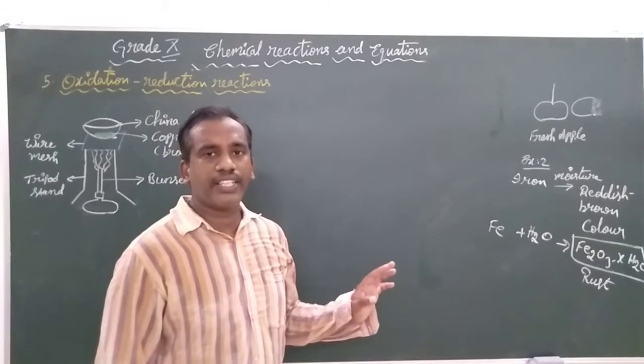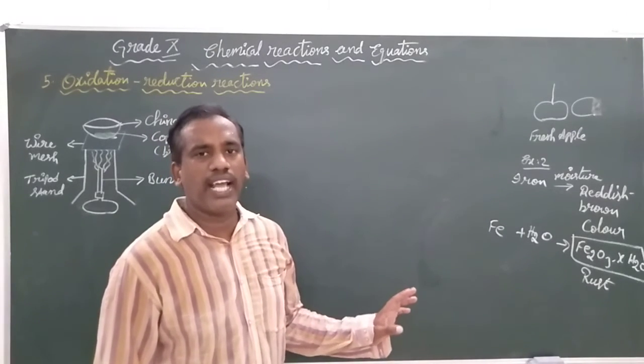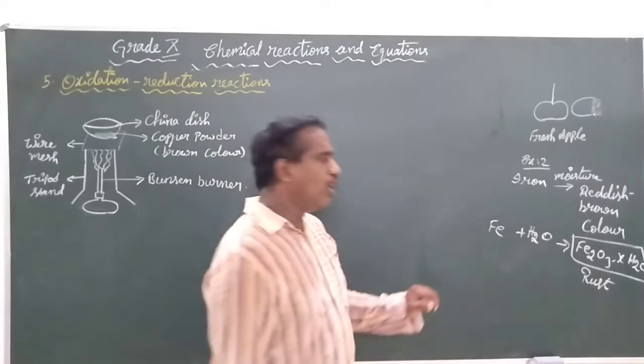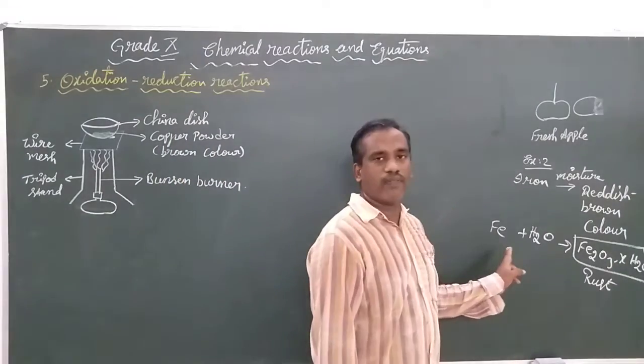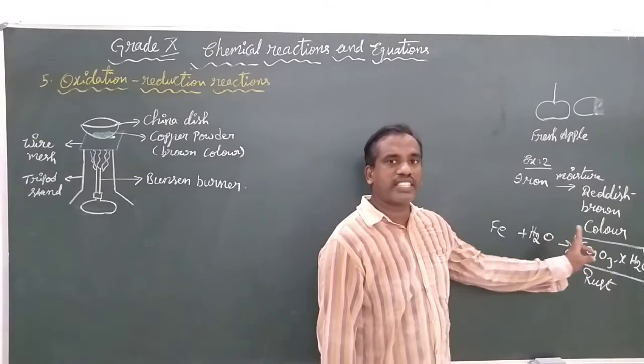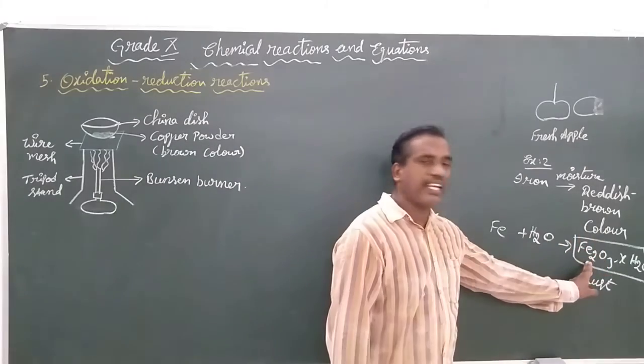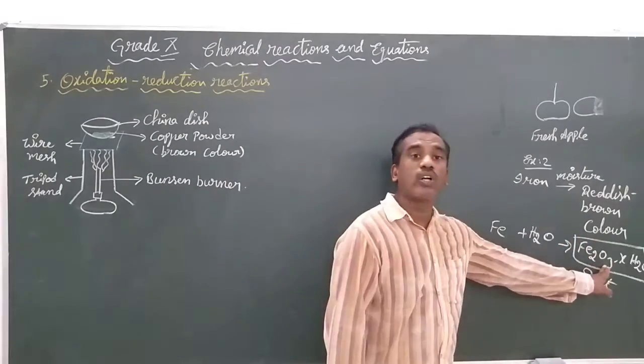In this simple reaction, we can observe that on the reactant side we had only iron, but on the product side that iron was combined with oxygen.